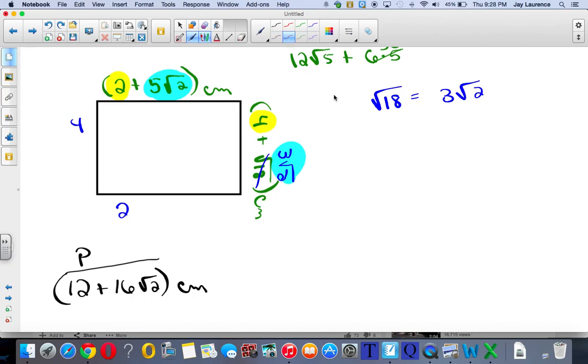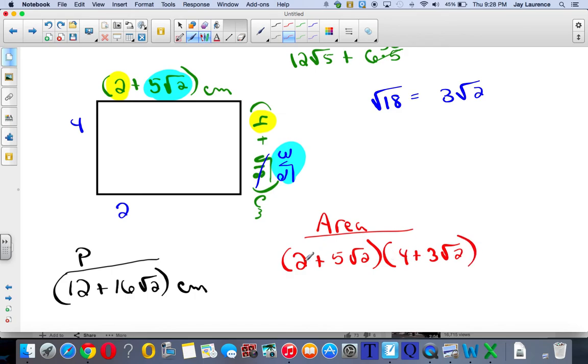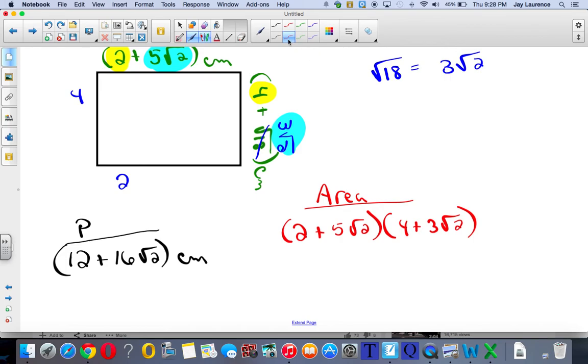All right, now let's do our area. So for area, I'm going to take the quantity of 2 plus 5 rad 2 times the quantity of 4 plus 3 rad 2. And notice, even in this situation, I write my rational number first. Okay, now I'm going to double distribute. So I'm going to do 2 times 4, and I'm going to get 8.